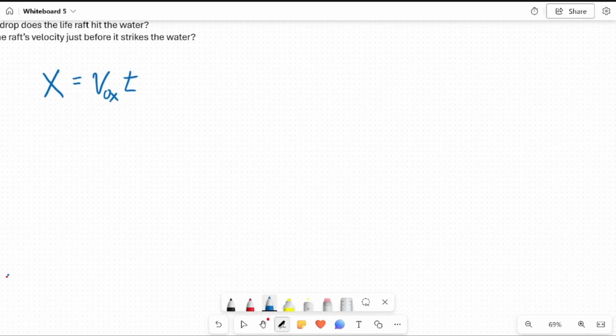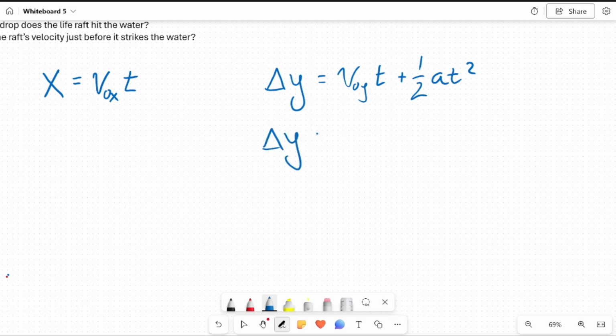But what's cool is this. My go-to equation for time in a projectile: delta y is equal to v_oy t plus 1/2 a t squared. Now, here's the only difference you're going to notice. Most books are going to write it like this: equals v_oy t minus 1/2 g t squared.